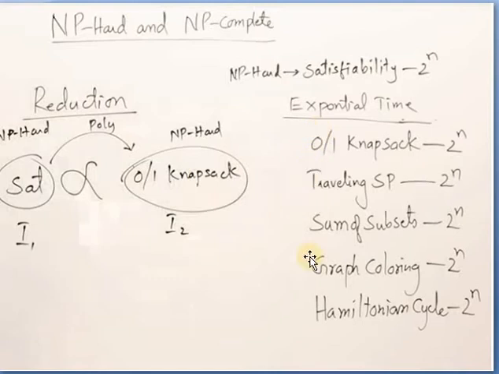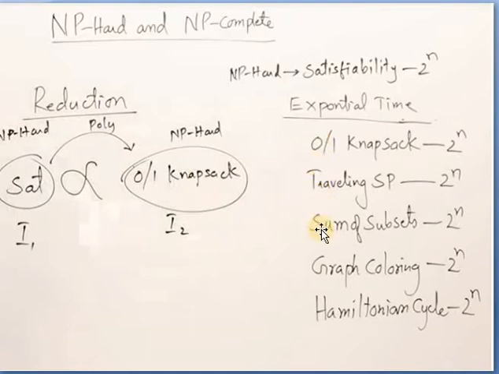Instead of calling them NP hard, I will call them hard problems. As the satisfiability problem is a base problem, we call it NP hard. So now I am calling the satisfiability problem NP hard, and for other problems which belong to the category of exponential time, I will call them only hard problems.